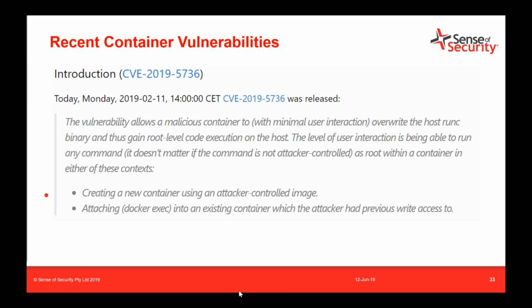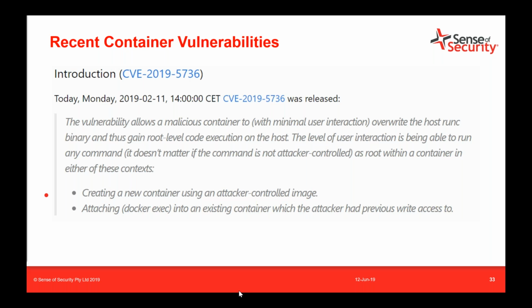If you do a search on this particular CVE-2019-5736, you will see a lot of papers written up about this particular issue. And that's because this vulnerability, as we see over here, allowed a malicious container to overwrite the host runC binary and gain access to root level code execution on the host.